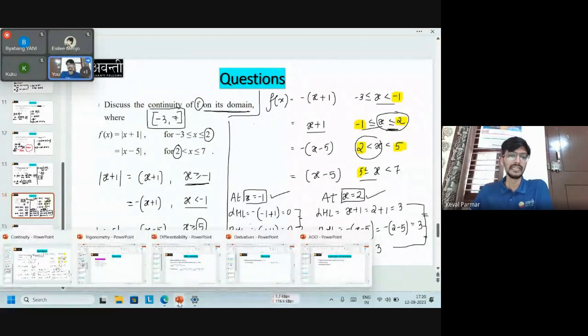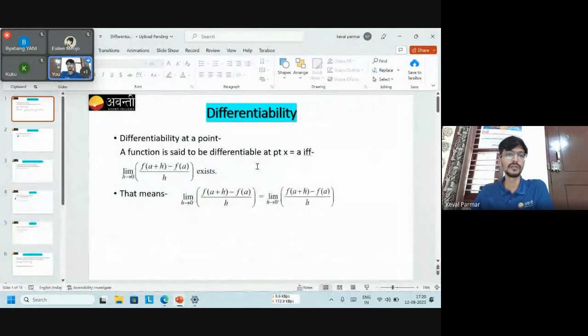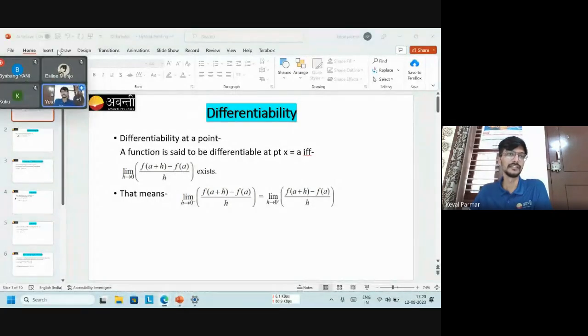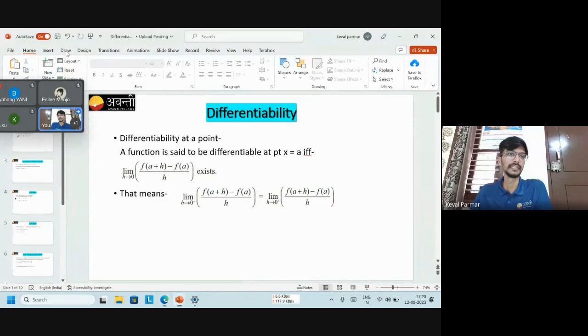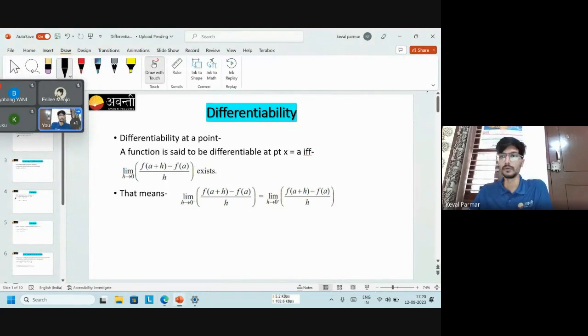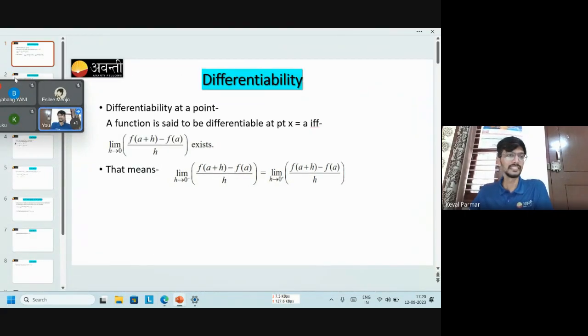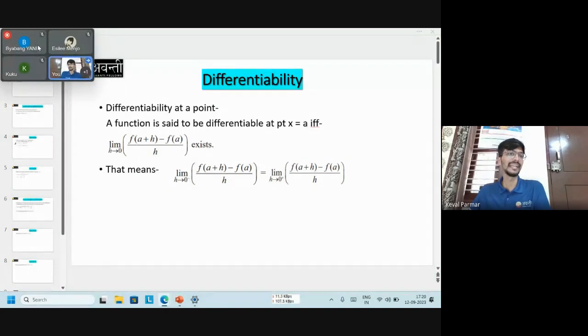So let's now move on to the next, interesting chapter, which is differentiability. Differentiability is the next topic for us. Let me again revise. You must have been thinking that sir repeats this every time, but it is very important to know what we are studying calculus for.